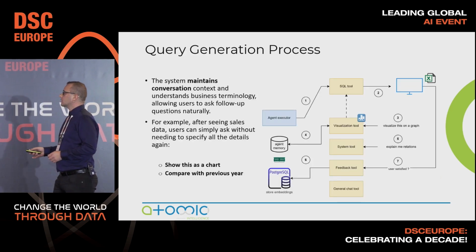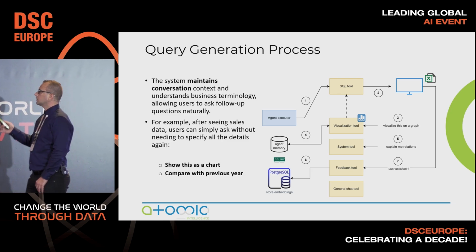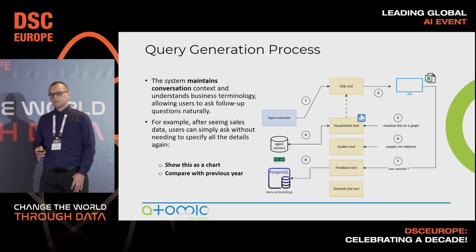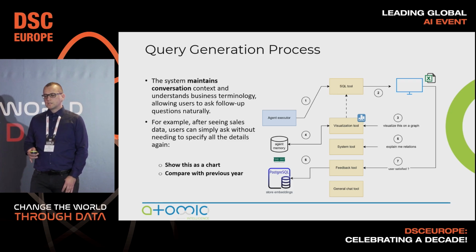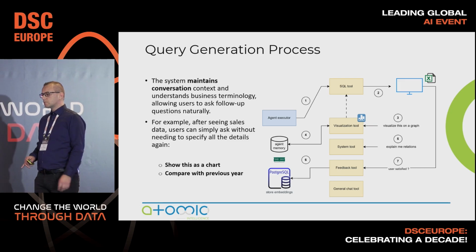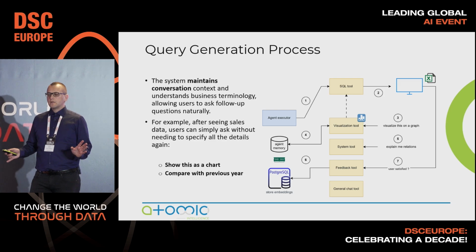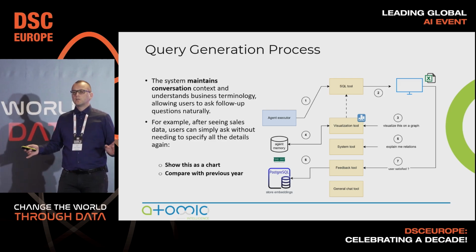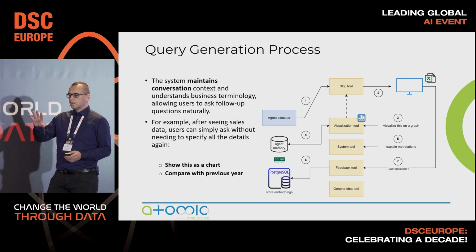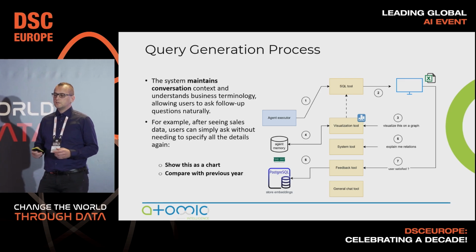During the query generation process, we identify some essential tools. So not only the SQL generation, there is also a visualization part. Our system is capable of generating almost anything. We found that two-dimensional data is the simplest, but when you have multiple dimensions, you need to use something like a radar graph to depict it.